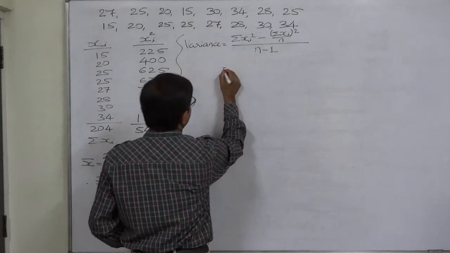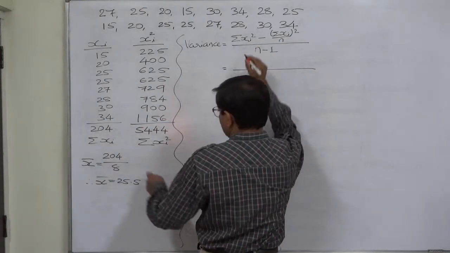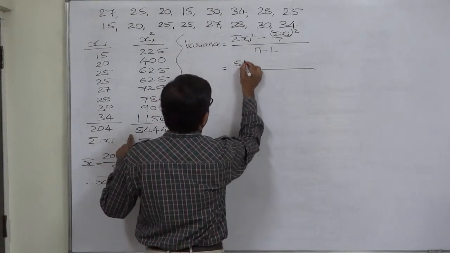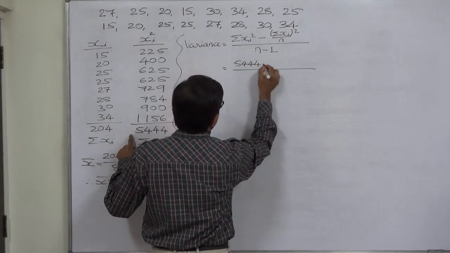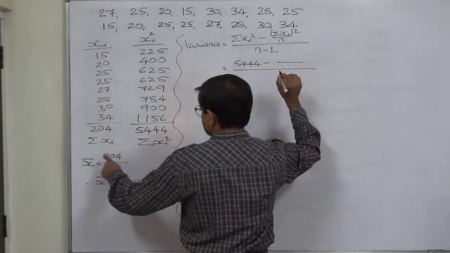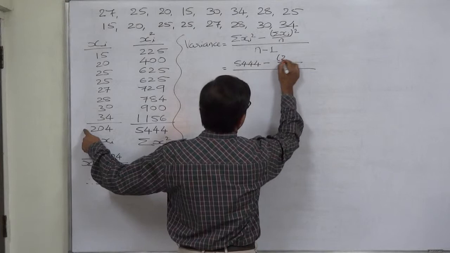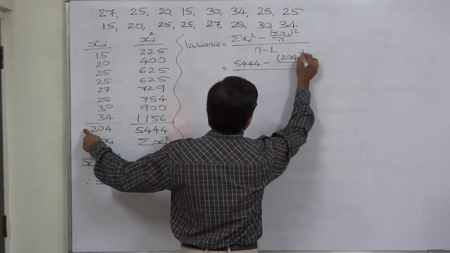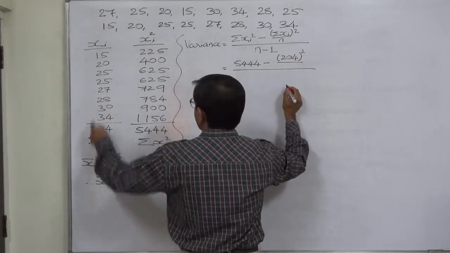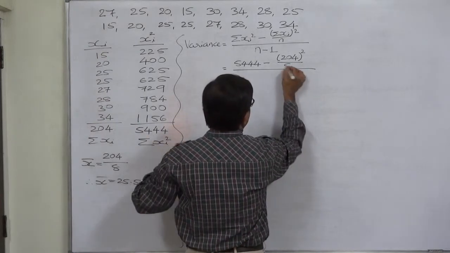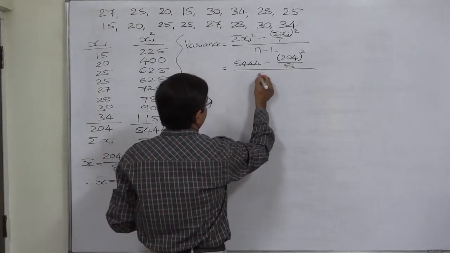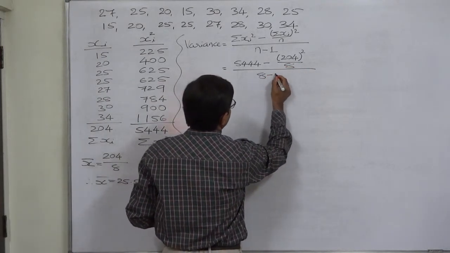Substitute the values. Sigma x square, that means 5,444, minus sigma x the whole square, that means 204 square, divided by n, that means 8, and whole upon n minus 1, that means 8 minus 1.